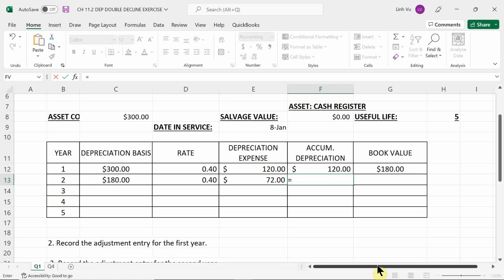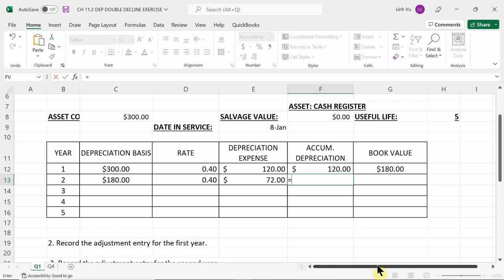Is it 108? Not 108. Accumulated depreciation means how much in grand total depreciation have you collected.